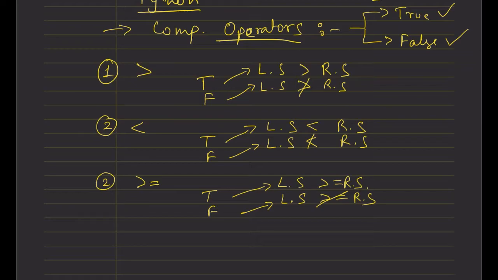So if the left side operand is not greater than or equal to the right side operand, it will return false.